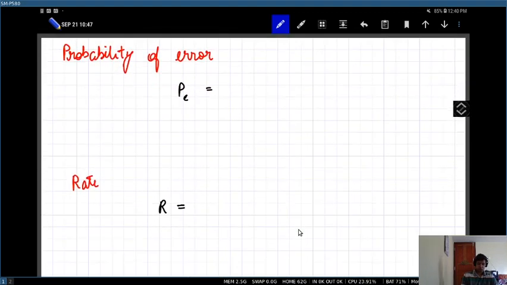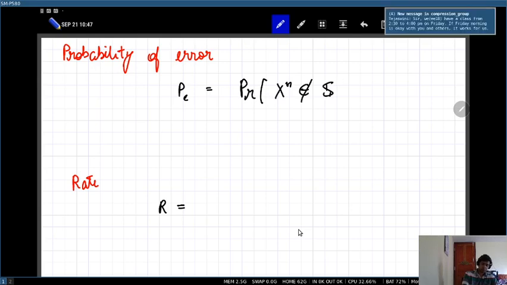So for such fixed length compression and decompression algorithms, the probability of error is simply the probability that you observe a sequence which is not reconstructible, right?